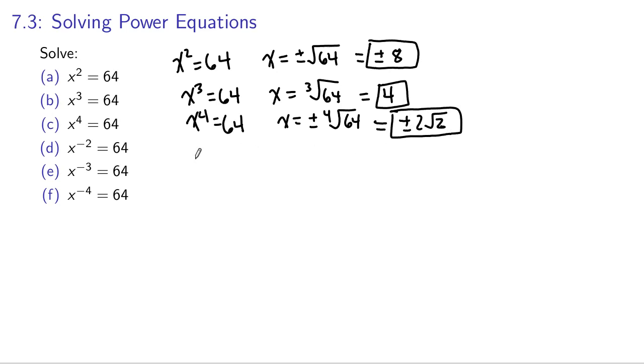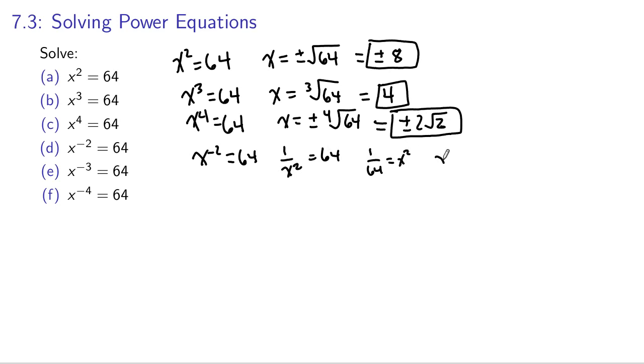So for D, we have x to the negative 2 is 64. Remember, this is the same as writing 1 over x squared is 64. Swapping the x squared and the 64, we can multiply both sides of the equation by x squared, and then divide both sides by 64. We get that 1 over 64 is x squared.